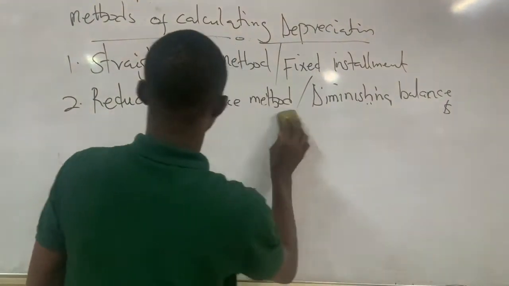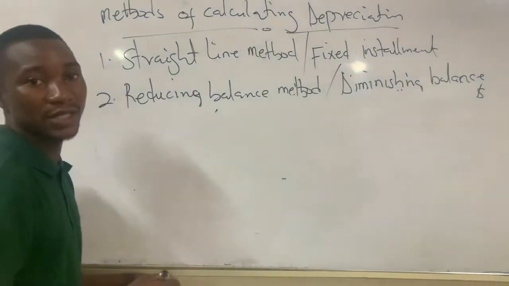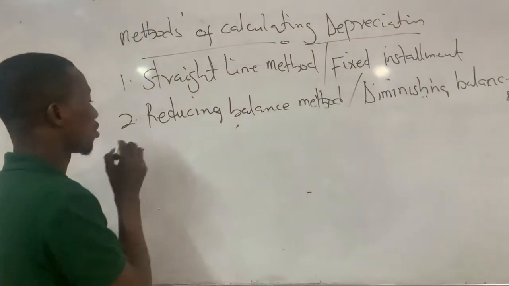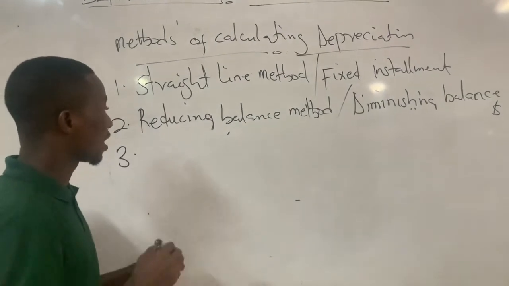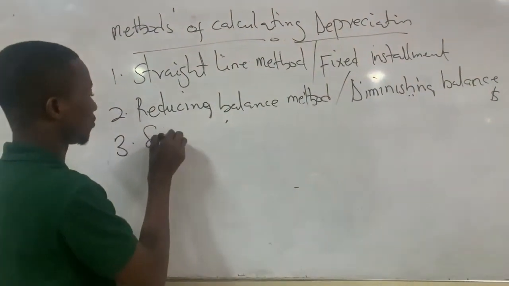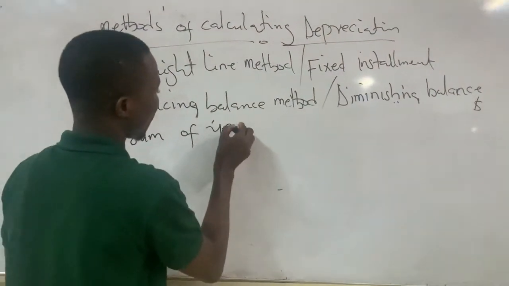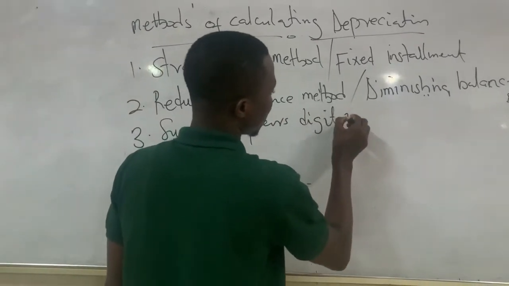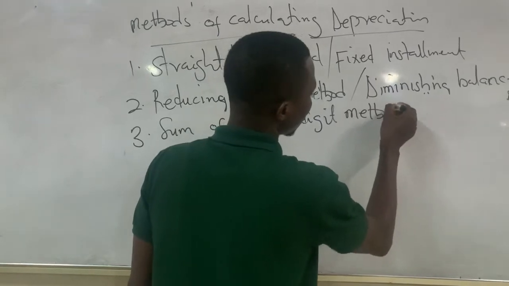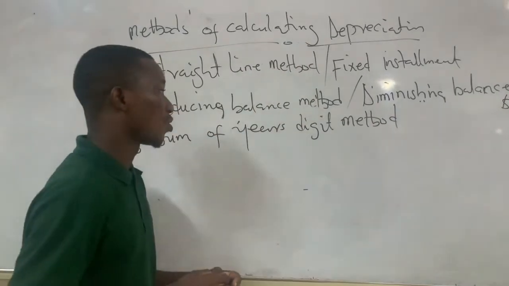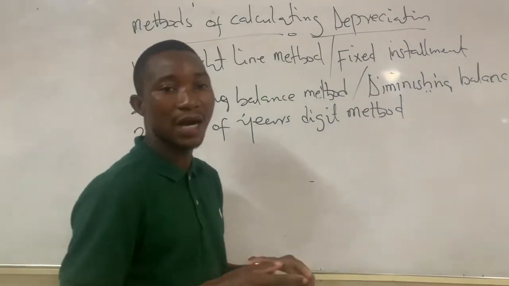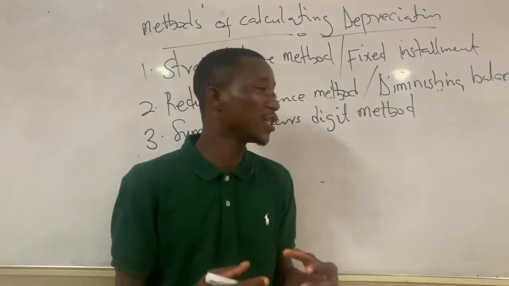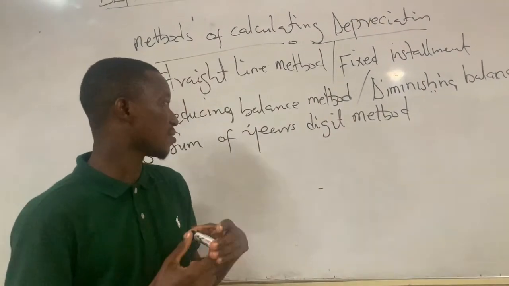So let's also consider the third method of calculating depreciation. With the third method, I would like to talk about the sum of years digit method. With the sum of years digit method, I would say it is just a modification of the reducing balance method.